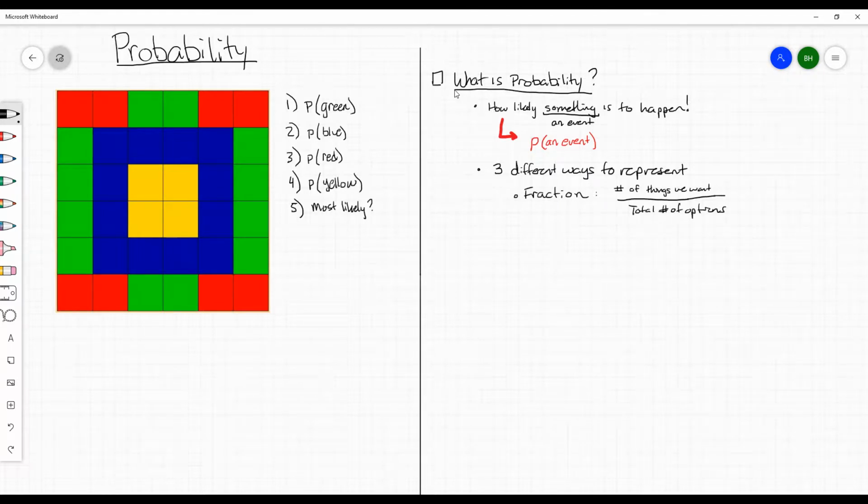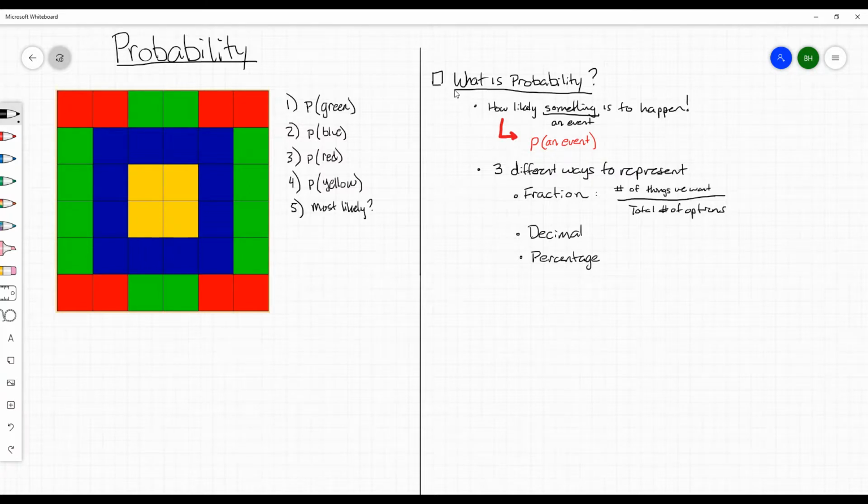Now, we're going to do an example in just a little bit to show you how you can create this fraction. But once you have a fraction, or let's say we have an easier scenario such as flipping a coin, you can convert that into a decimal. Once you have the decimal, it's really easy for us to then change that into a percentage.